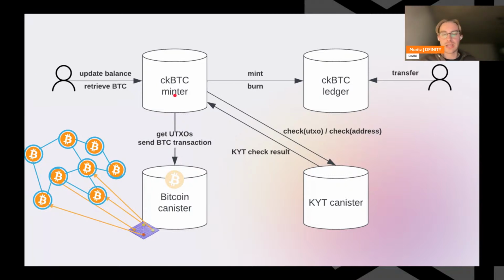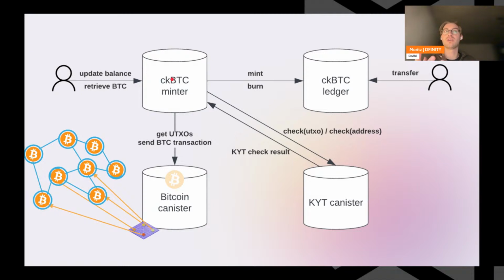And yeah, the ckBTC ledger, I guess, is obvious, right? It's used on the Internet Computer to record balances and facilitate ckBTC transactions. Then the Bitcoin canister, this is the canister that offers this Bitcoin API that we saw. And this is, of course, used to get UTXOs, so to understand what UTXOs the minter owns.